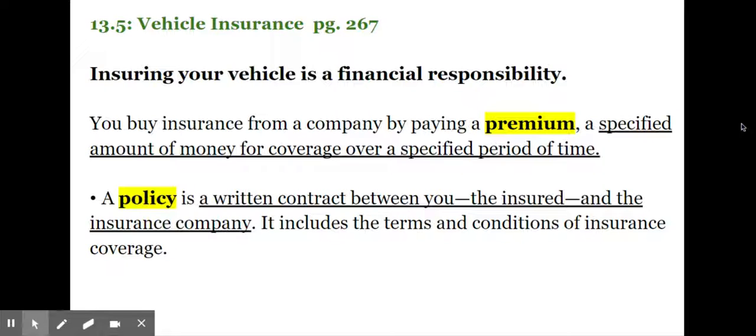It's the specified amount of money for coverage over a specified amount of time. And all of this information is written on your policy, which is your contract between you, the insured, and the insurance company. It includes terms and conditions and everything that you need to know for your insurance.